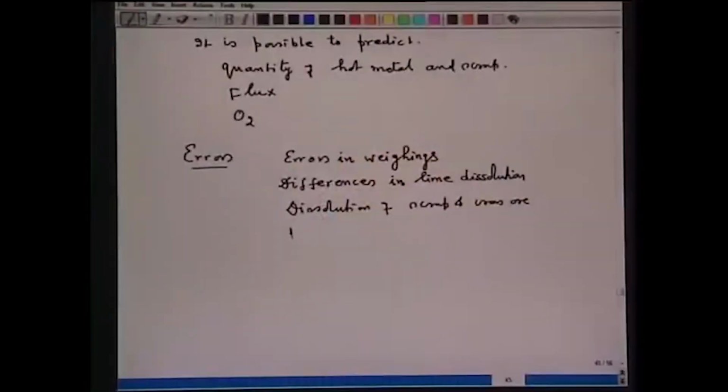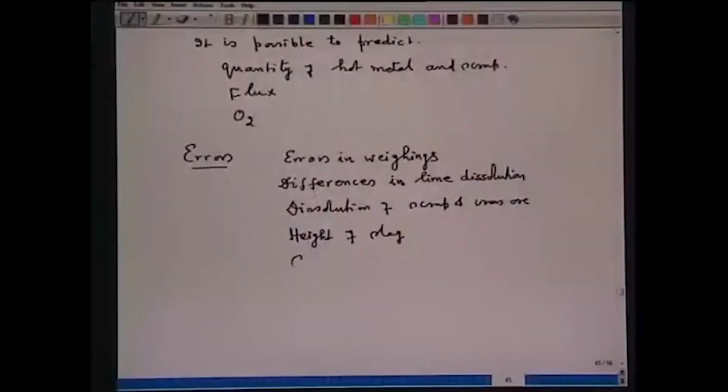Then height of slag and entrained metal droplets, that may vary from heat to heat also, or within one heat as a function of time also. Then converter lining profile, extent of mixing.